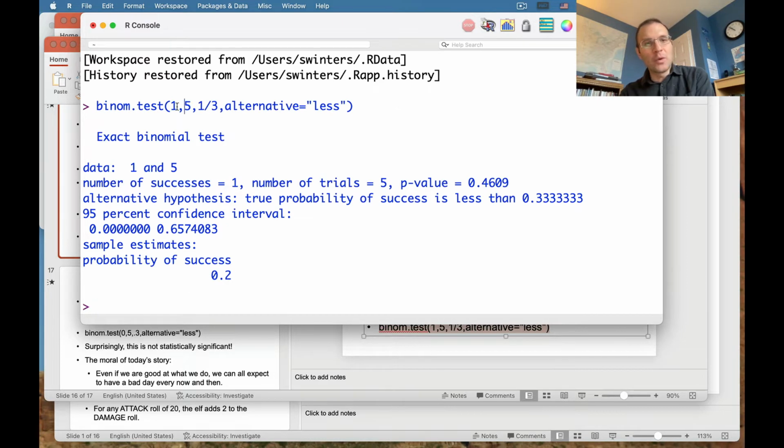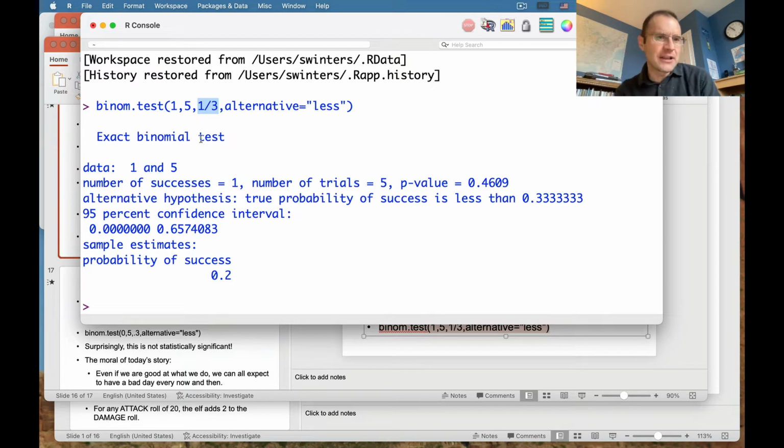But if you get one success out of 5 in that scenario, or one vowel out of 5 tiles in a Scrabble game, it's not in any obvious way significantly different from an underlying probability of 1/3, because this p-value says that there's a 0.46 chance of that happening anyways. This is not your best day in life, but it's not indicating that you're not as good as you think you are, I guess is the easiest way to put it.